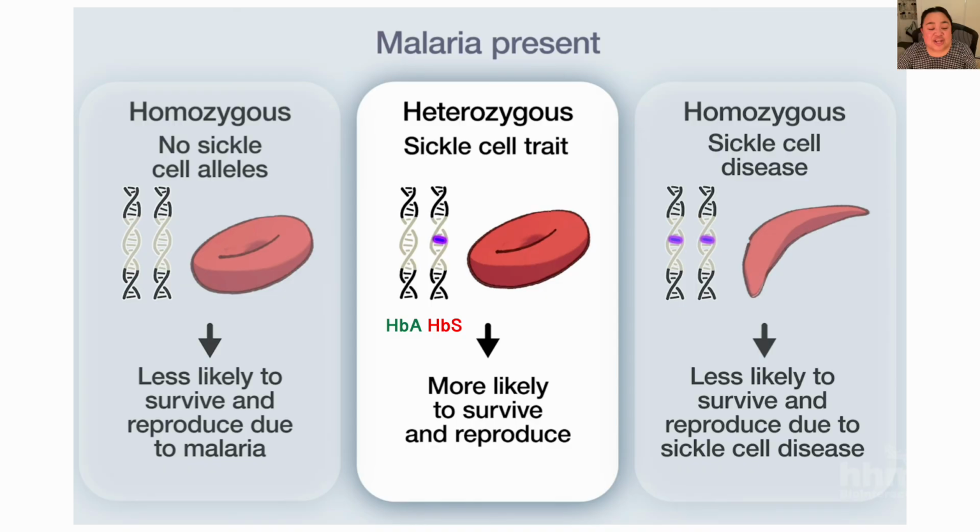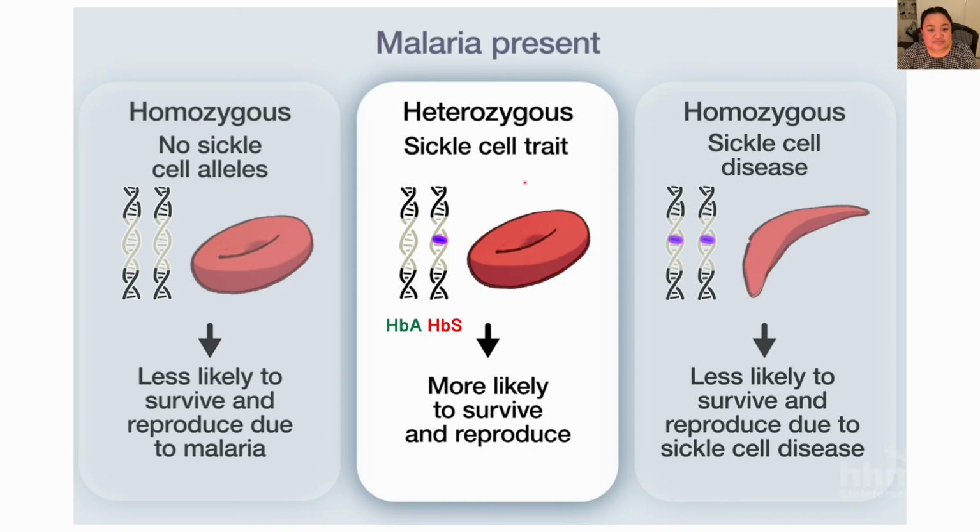Interestingly, the HbA and the HbS alleles are co-dominant, meaning that the heterozygotes who possess both alleles in their DNA produce both types of red blood cells, the normal red blood cells with normal hemoglobin and the sickle-shaped red blood cells.